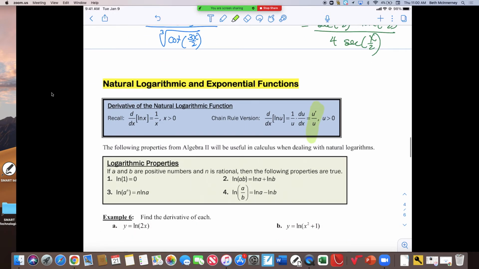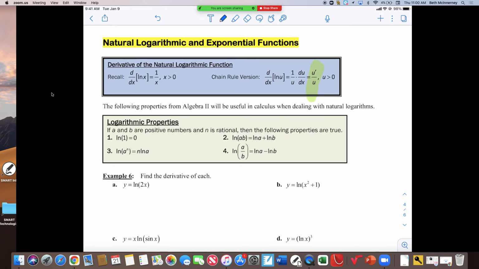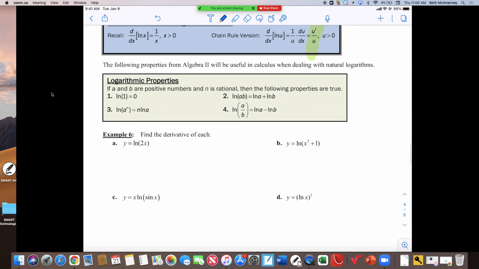These properties are going to be helpful. We're actually not going to see that until the next class period together. But let's go ahead and look at letter A. If I want to find the derivative of y equals the natural log of 2x. So y prime would be 1 over the stuff, and then you have to take the derivative of that stuff.